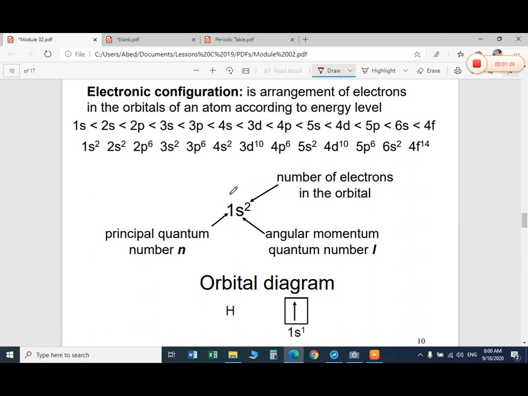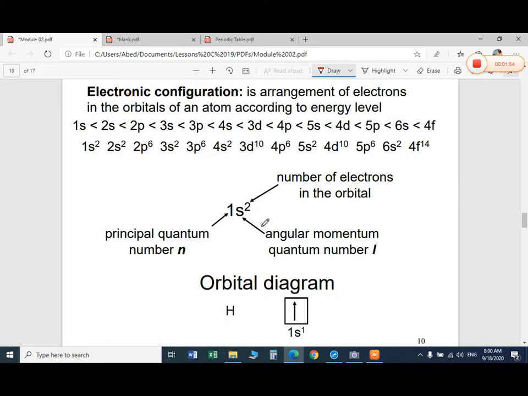And when you write the configuration, first come these numbers and the letters. These numbers explain the principal quantum number n: 1, 2, 3, and up to 4. The second thing is the letter. This letter represents the angular momentum quantum number, that is l, and these are basically s, p, d, f.